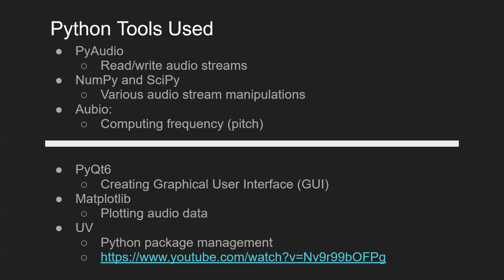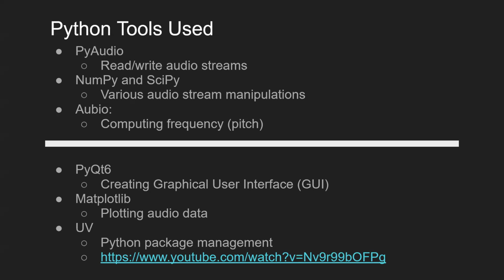For this talk, I'm going to primarily focus on the tools above that bar: PyAudio, NumPy, SciPy, and Aubio. PyAudio is how I'm reading and writing audio streams. I'm using NumPy and SciPy to do various manipulations. And I was using a library called Aubio to compute frequencies, which for music directly relates to pitch.